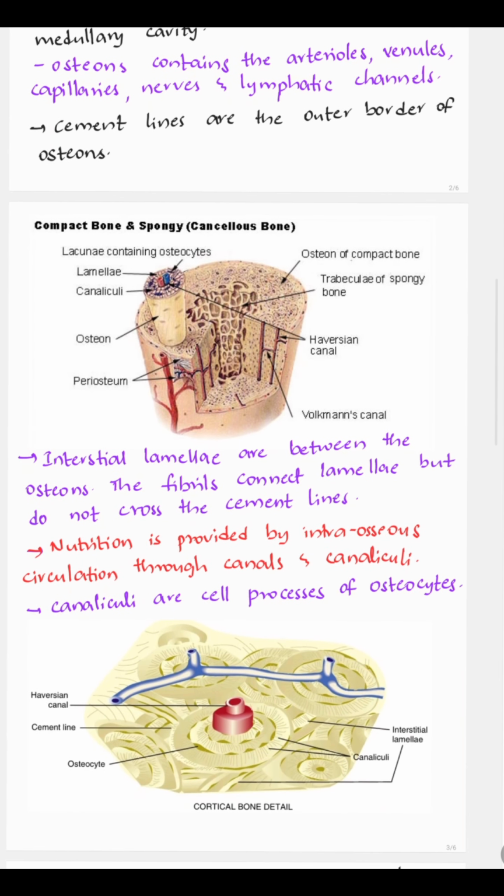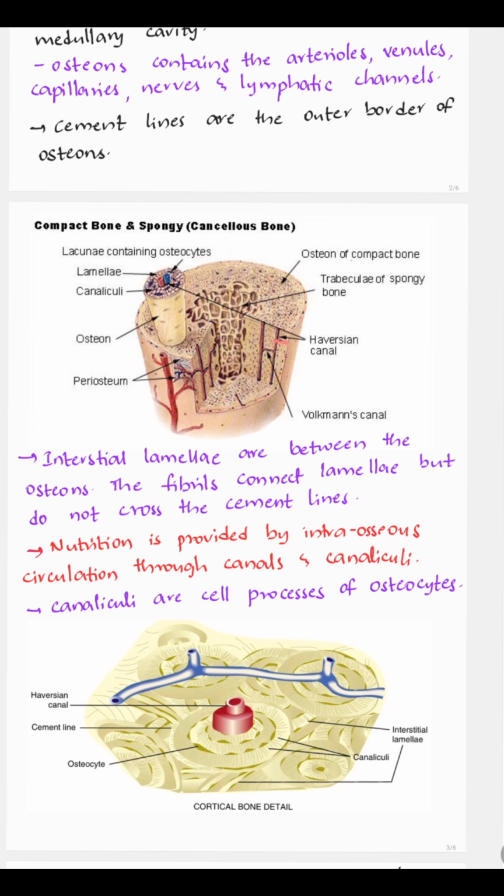This is the image showing the compact bone and spongy bone. This is the compact bone and this is the spongy or trabecular bone, and this is the osteon or functional unit of a bone. In the osteon, there is a central Haversian canal with its vasculature, and these are the Haversian canals. They run longitudinally, parallel to the long axis of a bone, and these are the Volkmann's canals.